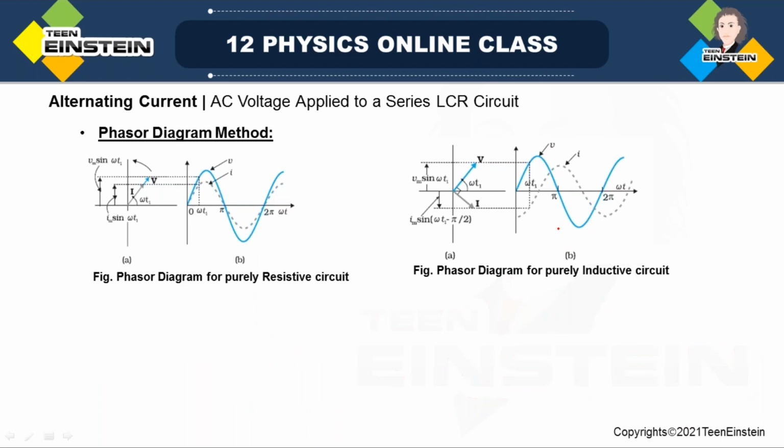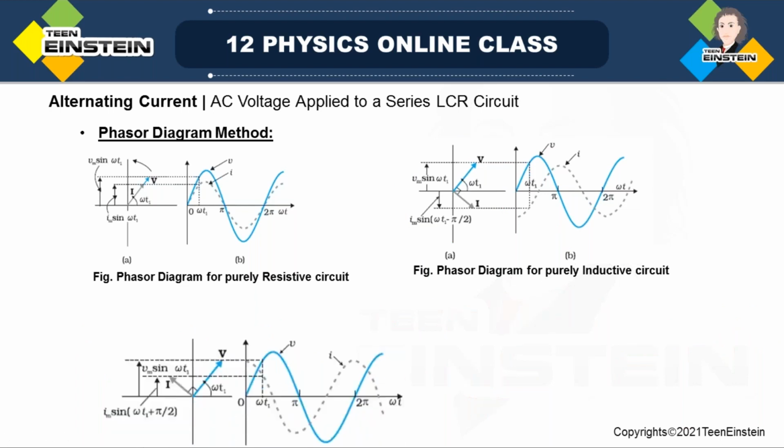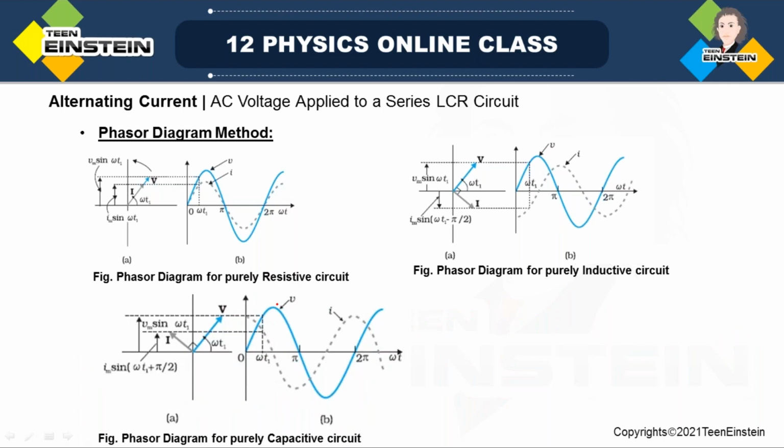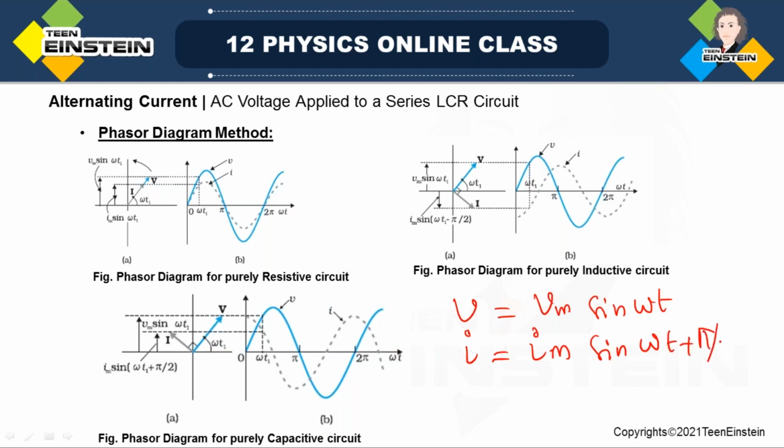All right, and the last recap is: what is the phasor diagram for a capacitive circuit? If we remember that V is equal to Vm sine omega t, the current in a purely capacitive circuit is Im sine of omega t plus pi by 2.